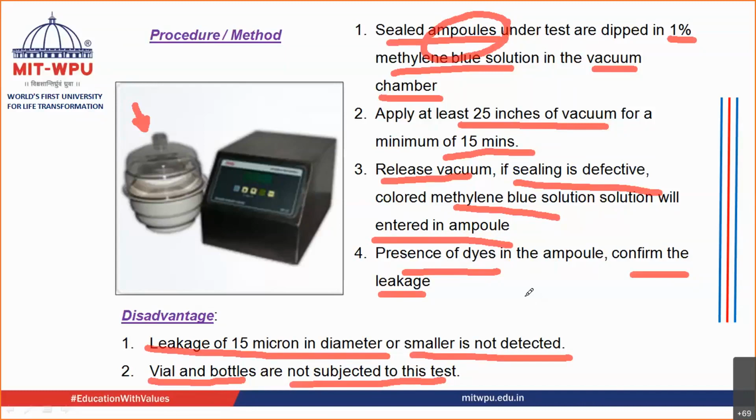There you apply a differential voltage to the tip of the container, right? If there is some leakage present over there, then this electric current enters inside through that hole, and a spark is generated. If you see a spark being generated, then you can say that it is having a leakage.